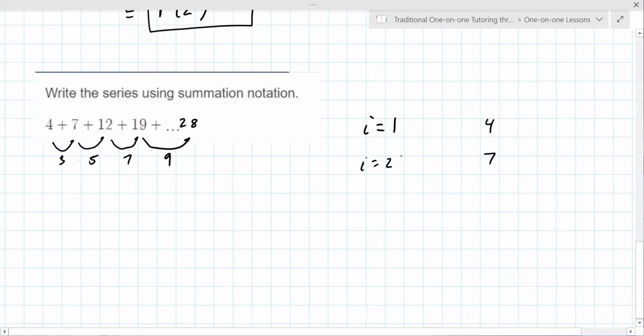It's 2n plus 1, or I'm sorry, 2i plus 1. So 2i plus 1, do you see how if you put a 2 in there, you get 5? And we can also do it the other way, 2i minus 1, that gives you a 3.